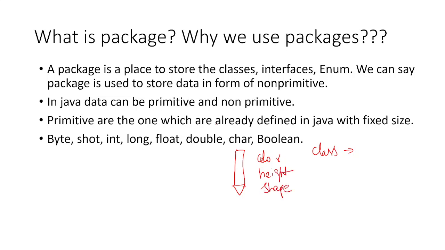These are some of the states. States are nothing but qualities of a particular blueprint. So here, color is data, height is data, shape is data of this particular pen.